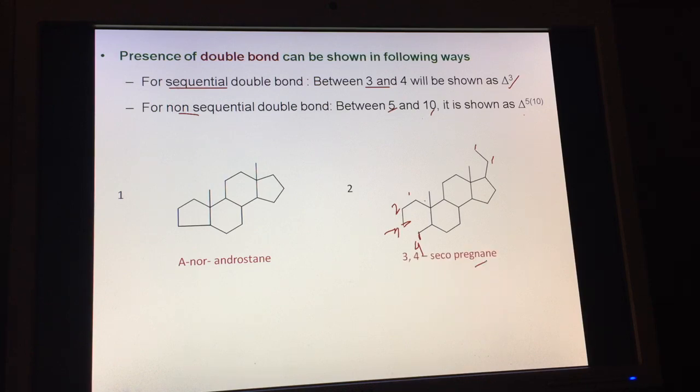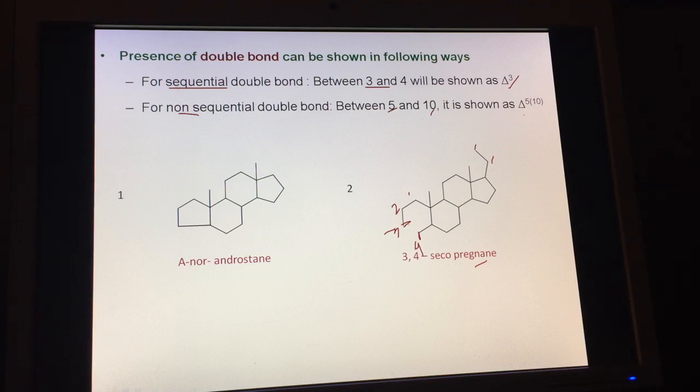So, like this you can name all the steroids. The first step is to identify the parent skeleton, depending upon the number of carbon atoms. Then the second is you look for the features. For example, here you have seen that ring A is contracted.